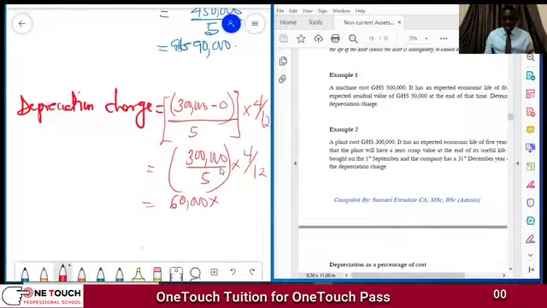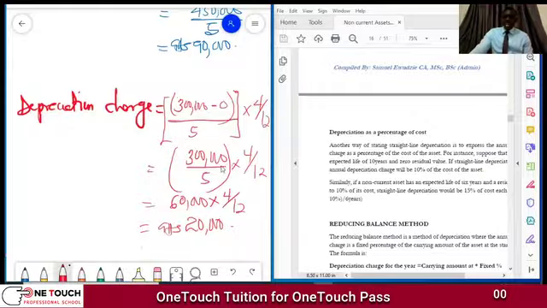That will be for the full year. I want 4 months depreciation, so times 4 divided by 12, and that gives us 20,000. Great. Now let's move on.